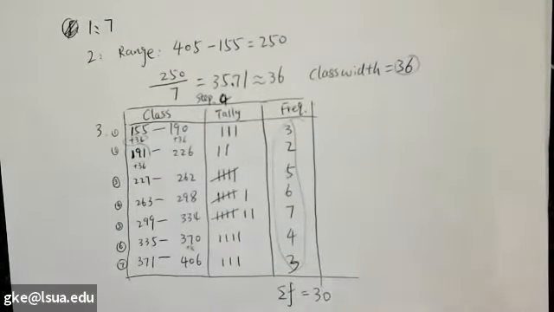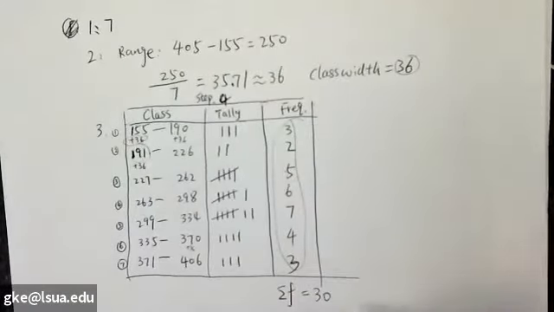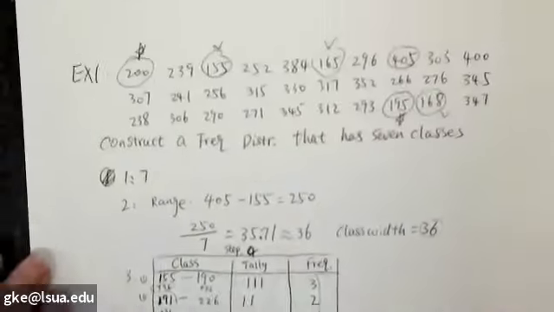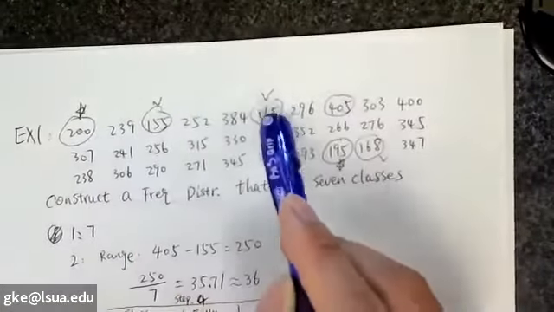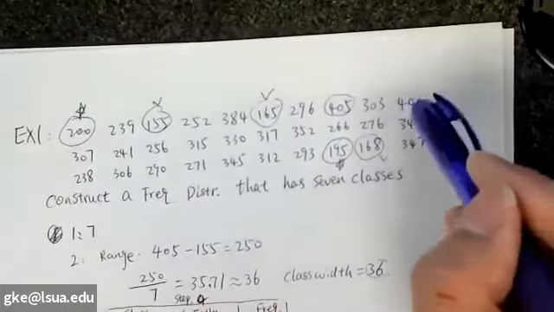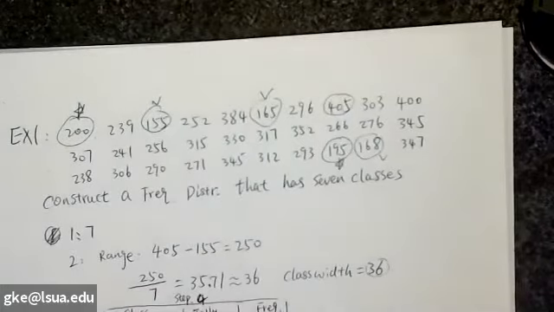Why is that? That is exactly the number of data set. The summation of all this frequency equals the number of data set. If you don't believe me, you can count it. How many the data? 1, 2, 3, 4, 5, 6, 7, 8, 9, 10. 10, 10, 10, 3 tens. That is 30.